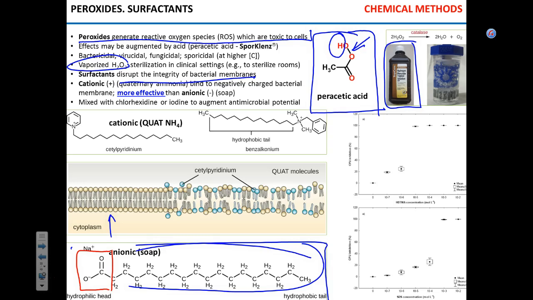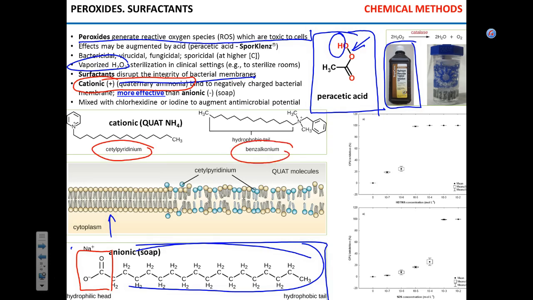Does that make sense? Now, the ones that kind of do kill microbes are cationic surfactants, quaternary ammonia. Next time you take a shower or wash your hair, read the ingredients on the bottle of the shampoo or shower gel. Among those, you're very likely to find words like cetylpyridinium or benzalkonium.